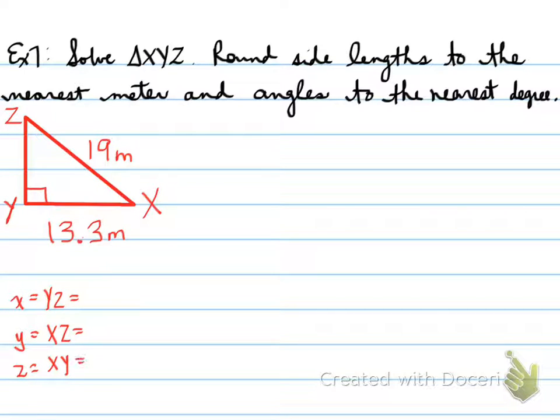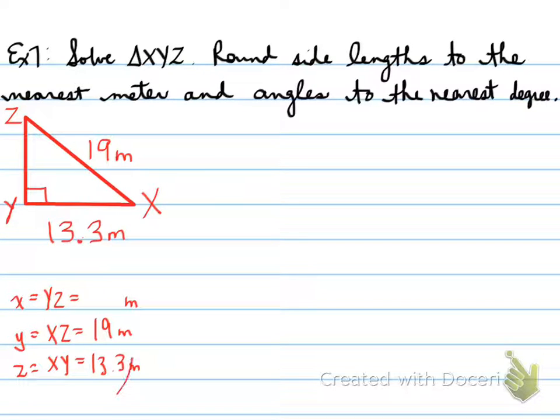All right, and these values we need to fill in if we know them already. We know xy, and that's 13.3 meters. That's our little z. We know also xz, which is our hypotenuse, which is 19 meters. So we only need yz to find out.